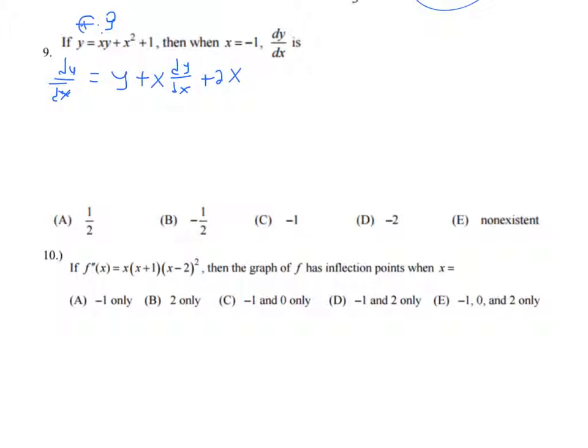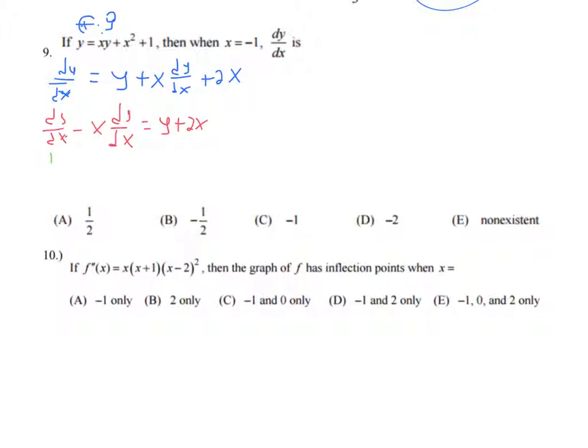Let's get everything with the dy dx on one side. So if I subtract over my x dy dx, I would have dy dx minus x dy dx is equal to y plus 2x. Factor this out.